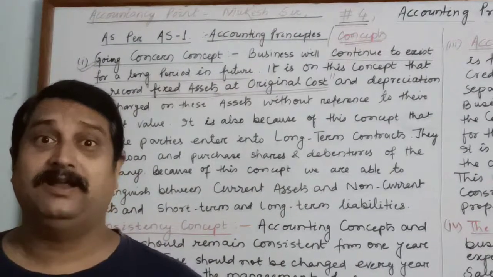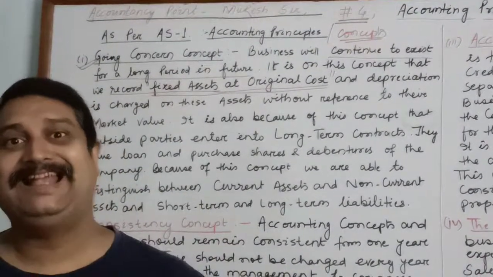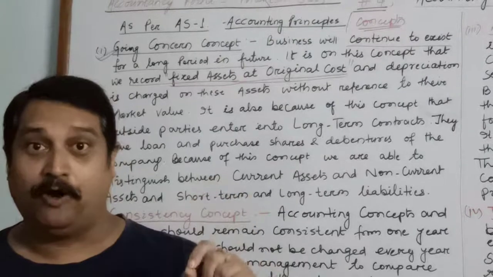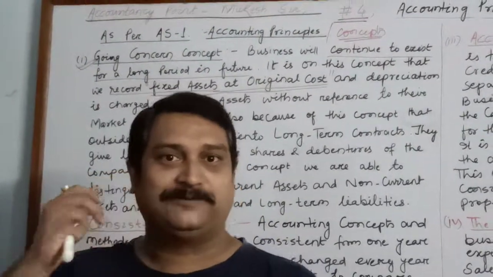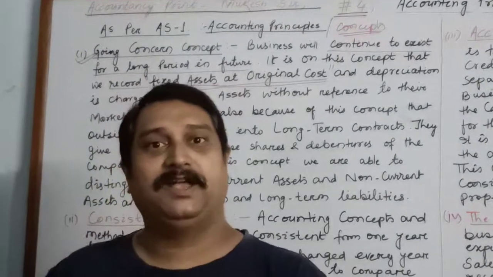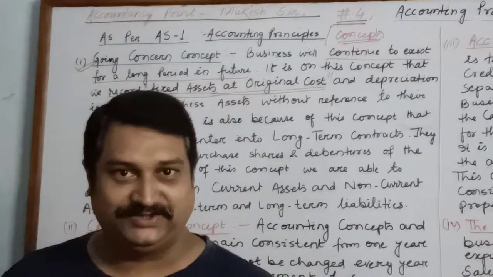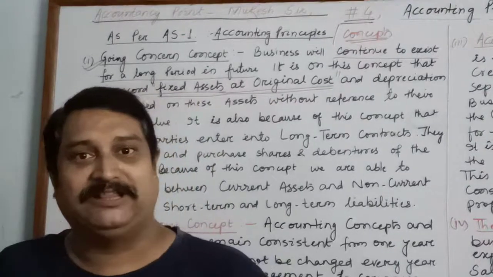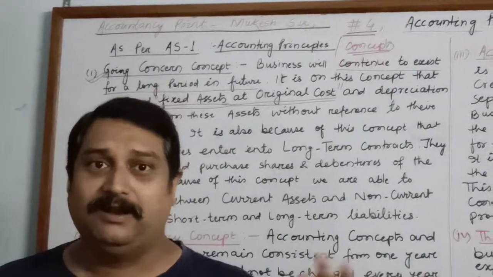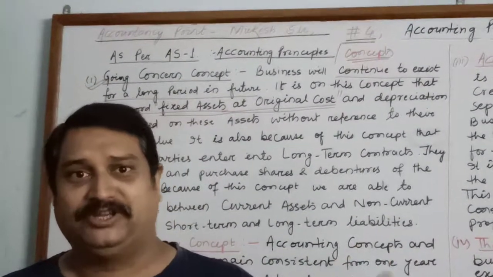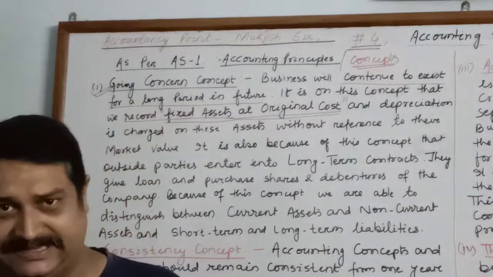Every year we keep depreciating the assets. Let's suppose a machine was purchased for 5 lakhs. First year, 50,000 was depreciated. So 5 lakhs minus 50,000, 4 lakh 50,000 we will record. Next year we will once again deduct the depreciation and the remaining value will be shown as the asset.